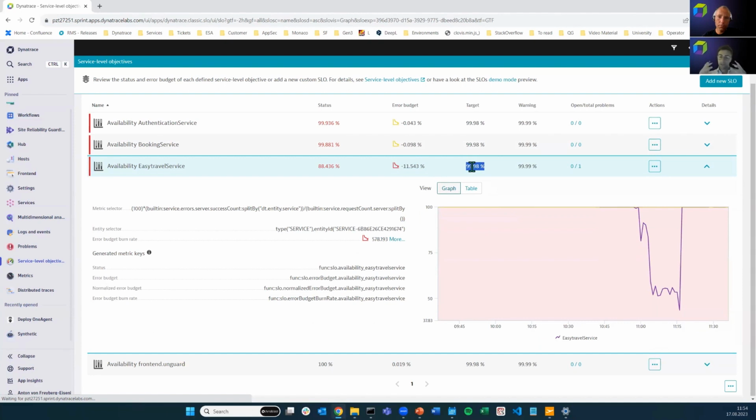We chose the failure rate, and we're looking at our target that we set, right? 99.9.8 is what we want to reach. We said this is the quality that this easy travel service has to meet. And something that you already see purely from the visualization, we did have an error budget, and this is gravely in danger, right? It's red.